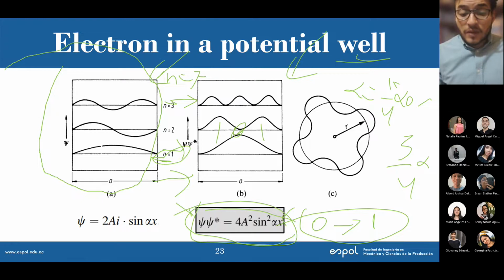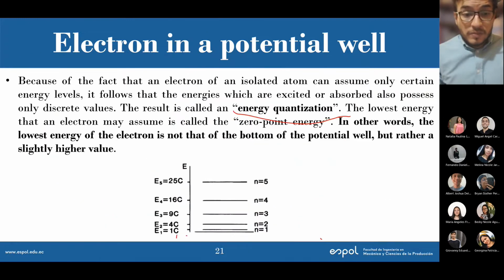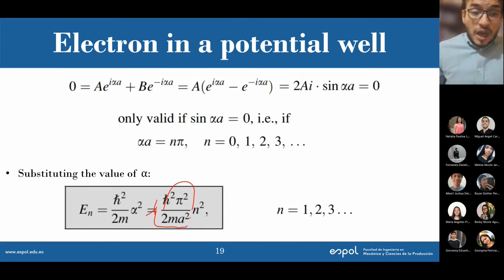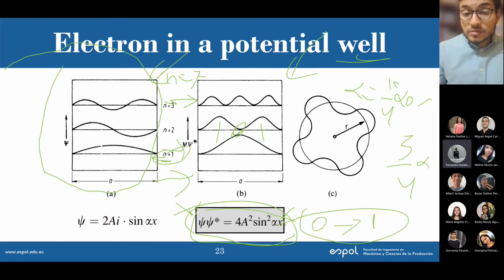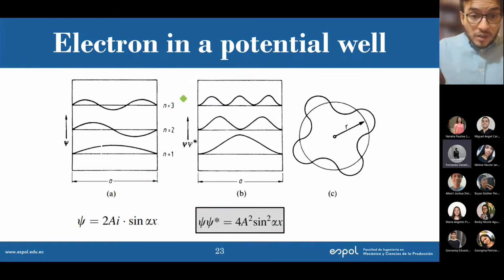Remember that alpha is related to n. So n is changing, and then you have x. But I'm asking about the amplitude, what is outside of the sine squared. You mean the size, it's becoming shorter every time?